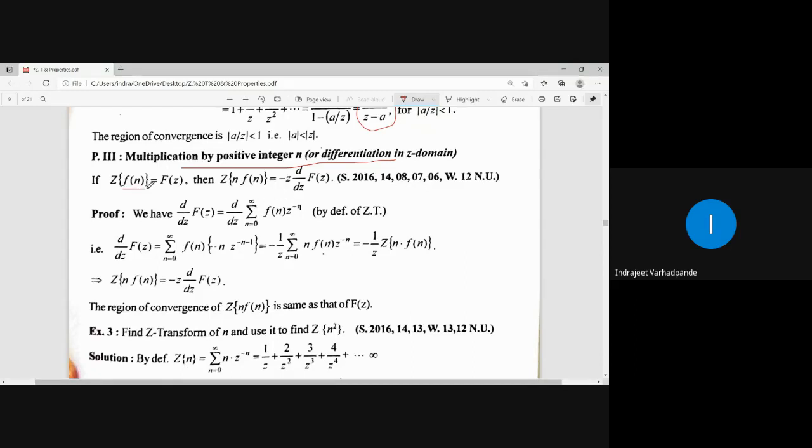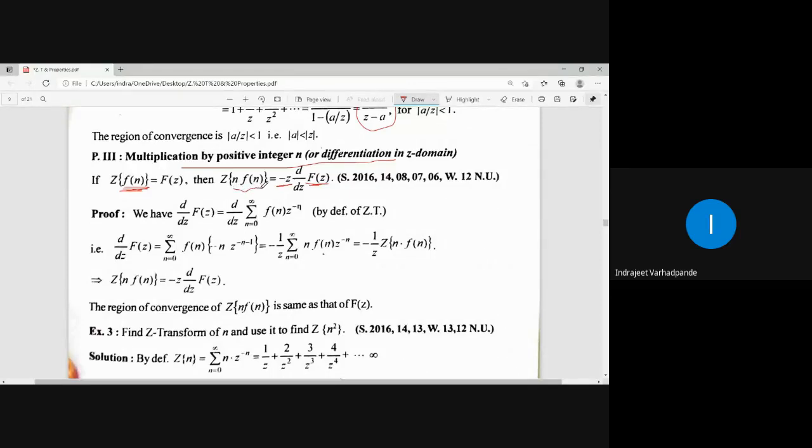Now whenever this f of n, a sequence, function नहीं बोलेंगे, f of n is always a sequence. So whenever this sequence f of n will be multiplied by n, what is the change in the RHS? Whatever is the z transform f of z, it will be differentiated with respect to z and multiplied by minus z.